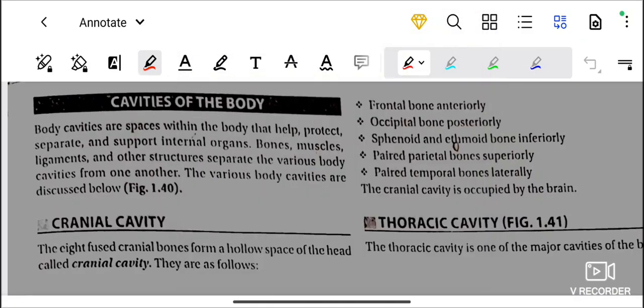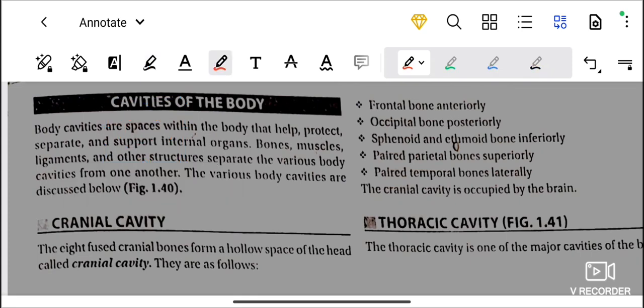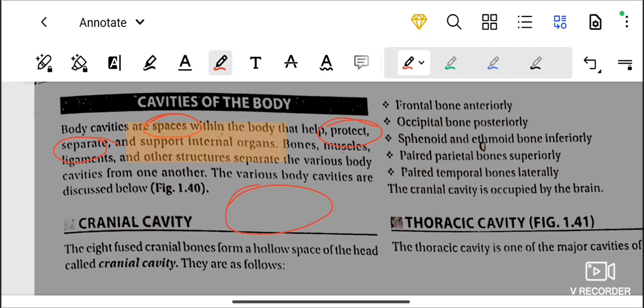Space means a hole or hollow formation is present, helping with protection, separation and support of the internal organs.